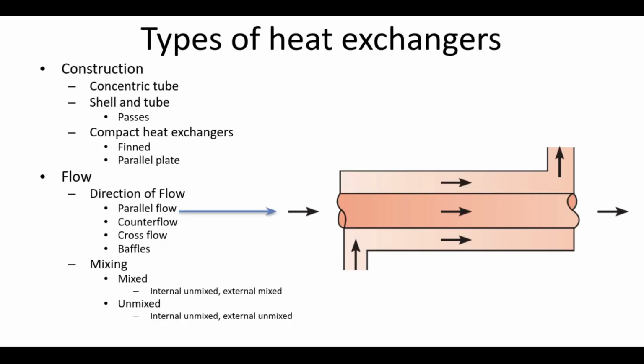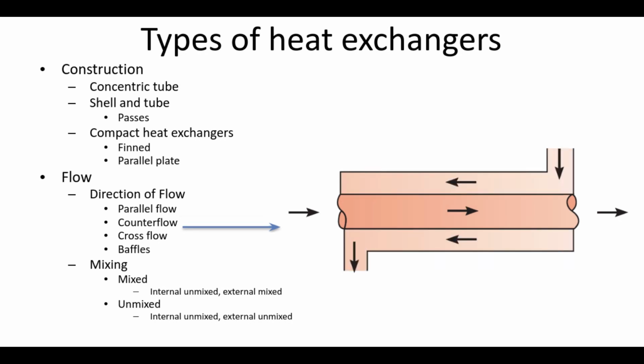The hot and the cold are flowing in parallel, right? That's one type of heat exchanger, or can be counterflow, in which the hot and the cold go opposite directions, right?